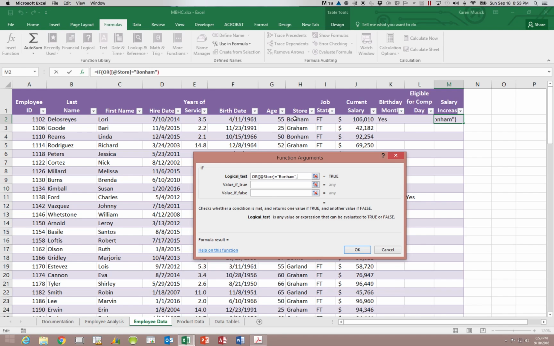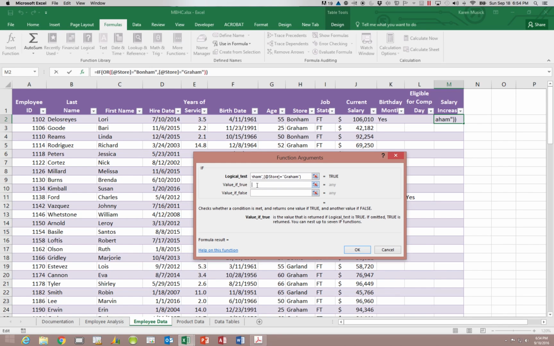And then our second test is the store. Now notice I don't go searching for a cell that has the store value I'm looking at. I always click in the same row. So my other condition is the store is equal to, and in quotes, because it's text, GRAHAM, close the quotes, and close the parenthesis.